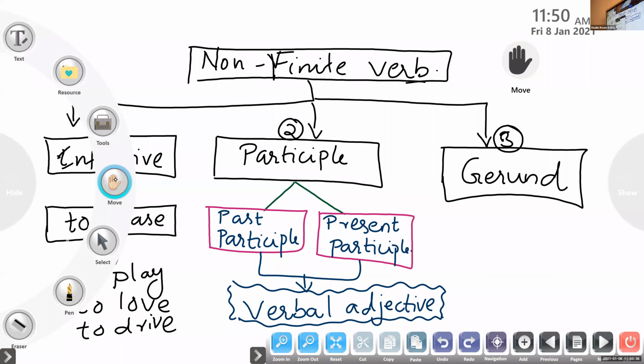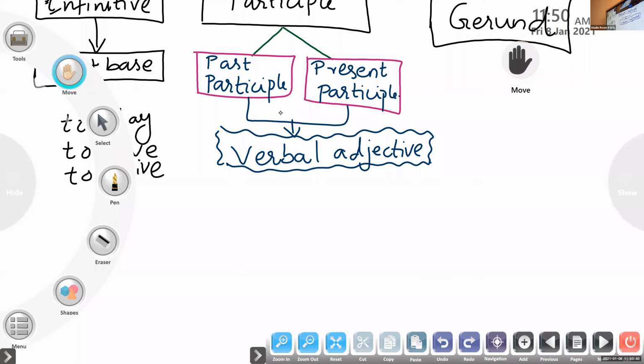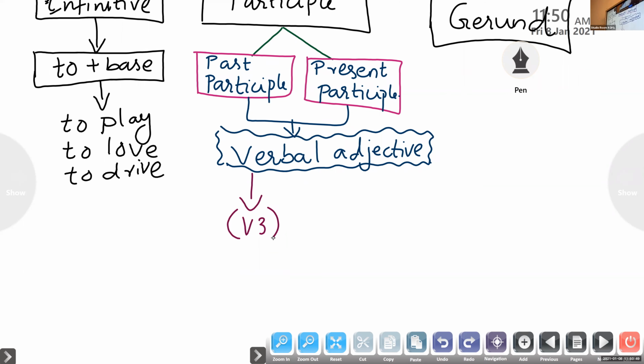Okay, I am going to write the examples for past participles. You know, past participles are the V3 form, the third form of the verb, right? So give me examples for past participle, children. Gone, excellent.